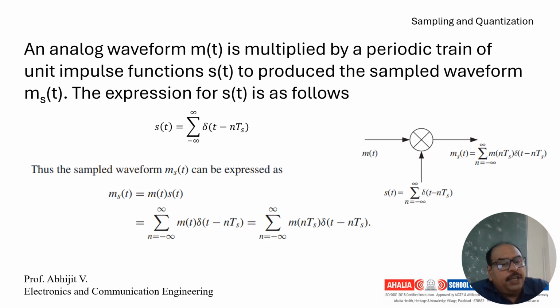When you multiply a signal with a delta function, the signal gets sampled and broken down into discrete values, right? So this is the simplest and the oldest method of sampling a signal.